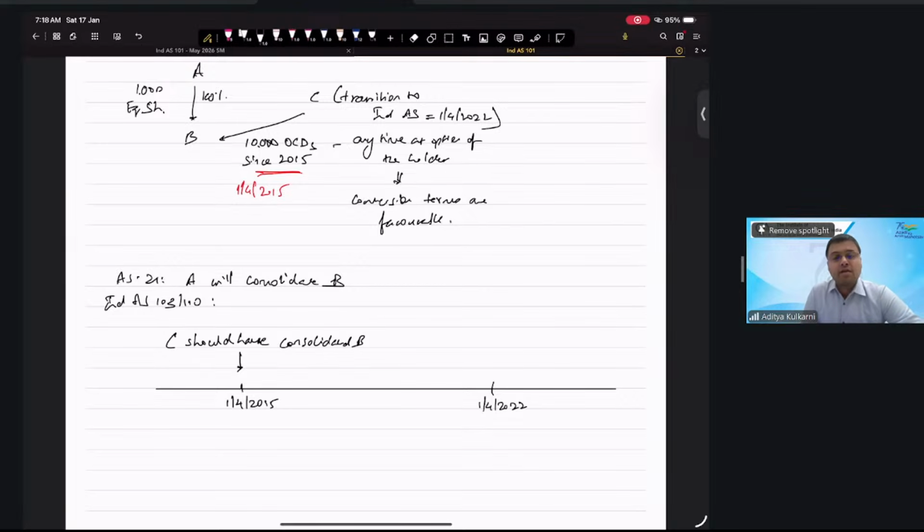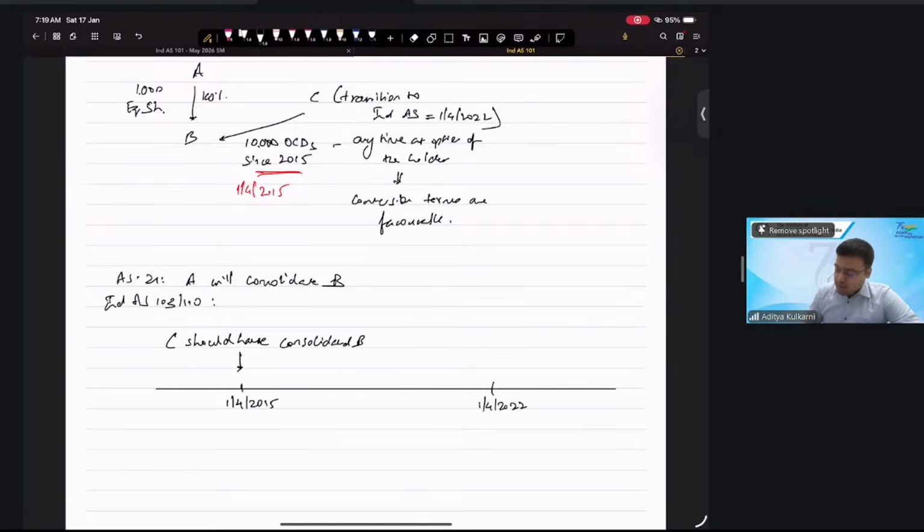So is there anything wrong that C had done at that time? Answer is no. C is perfectly right in not consolidating because AS21 did not view any potential instruments. It viewed the actual position as at that point of time. And at that point of time, A was the 100% owner of B and therefore A consolidated B. Are we okay with this?